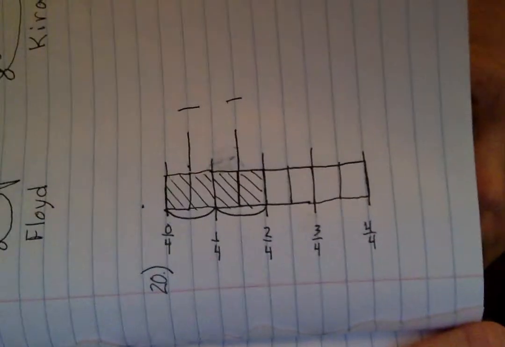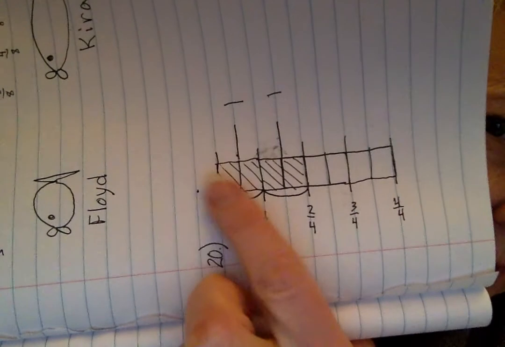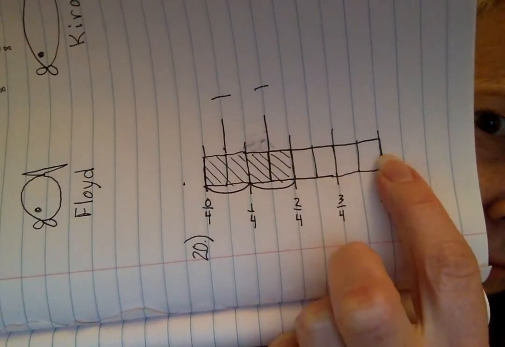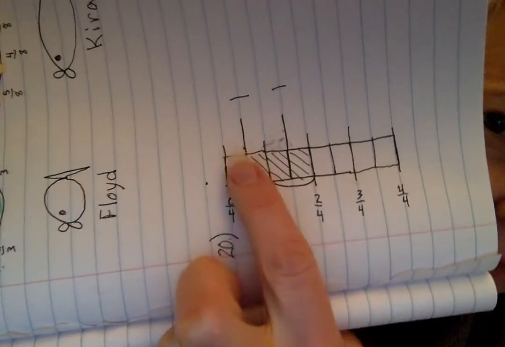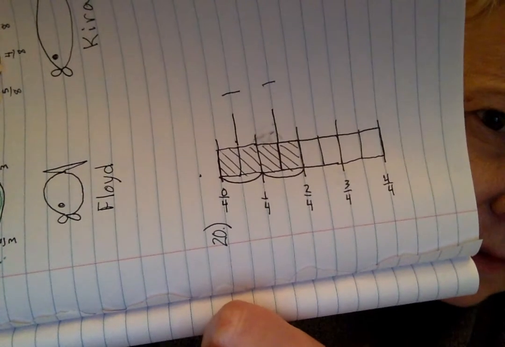Now we're on our last problem, number 20. Sam went for a ride on a sailboat. The ride lasted 3/4 of an hour. This is what they have in the book. It's broken up into fourths, but it's also broken up into eighths. How many eighths?